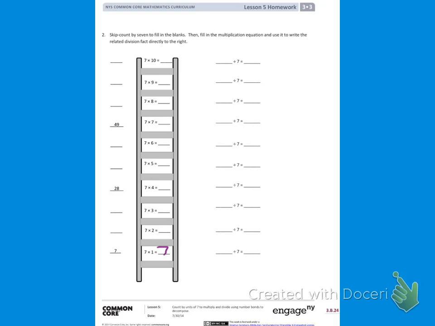Now 7 times 2 is the same thing as counting 7 two times. So 7 plus 7 is 14. 7 times 2 is 14. And 7 plus 7 plus 7 is 21.